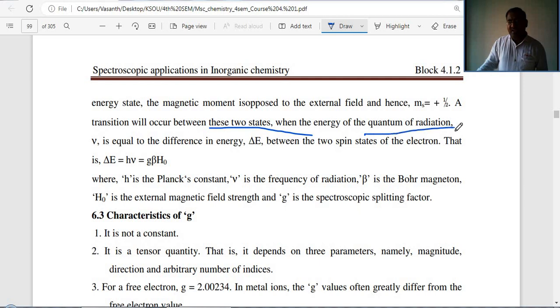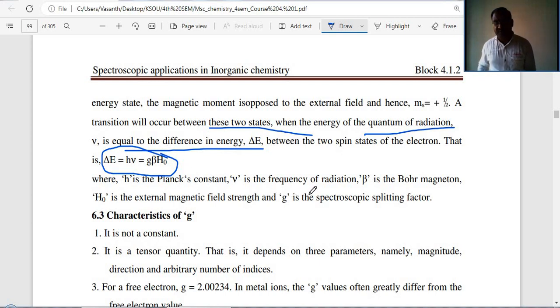The energy of the quantum of radiation is equal to the difference in energy between the two spin states of the electron. Mathematically, that is represented by the equation delta E is equal to h nu.